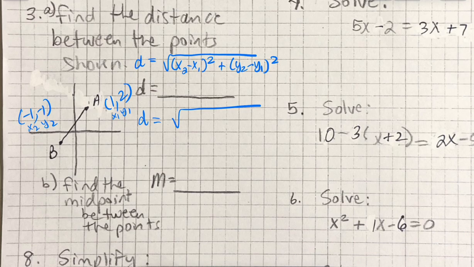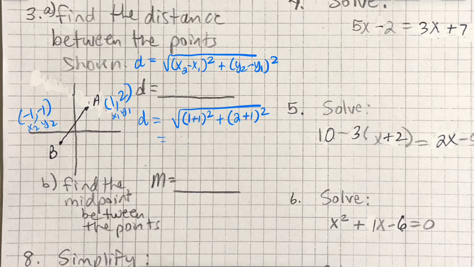So if we subtract the x's, that's going to be 1 minus a negative 1, which would become 1 plus 1. And then plus the difference of our y's, so it's going to be 2 minus a negative 1, which is going to be plus 1. Just note, because we are subtracting, this sign always switches.